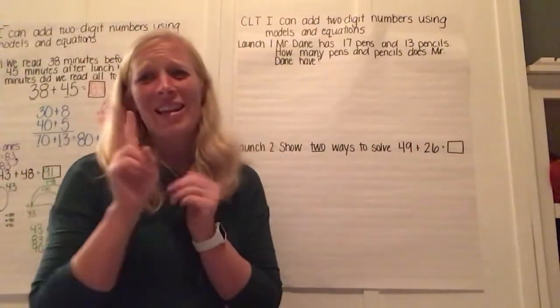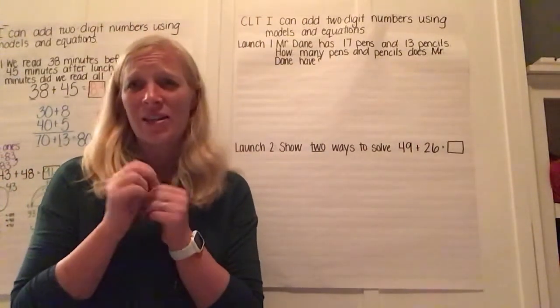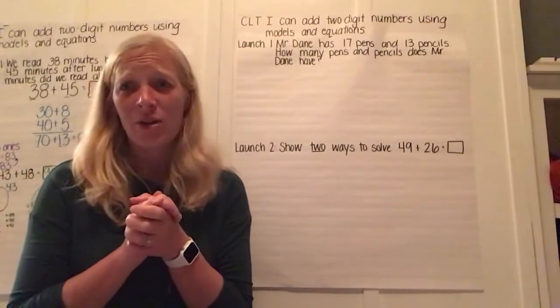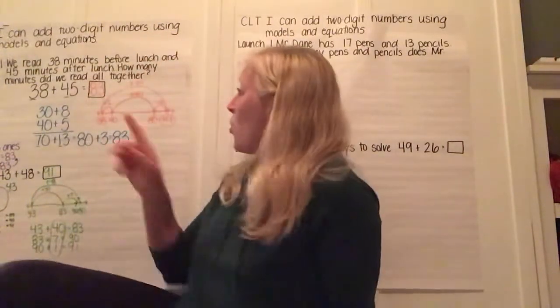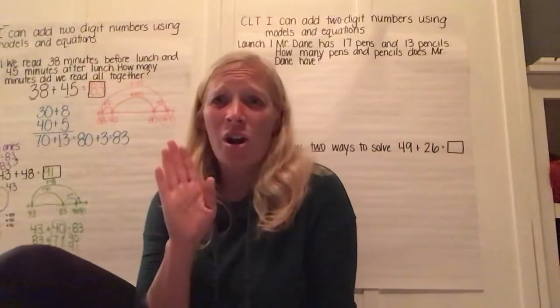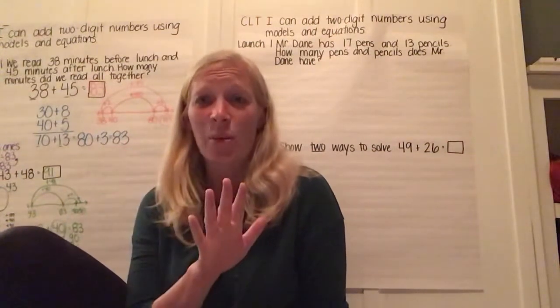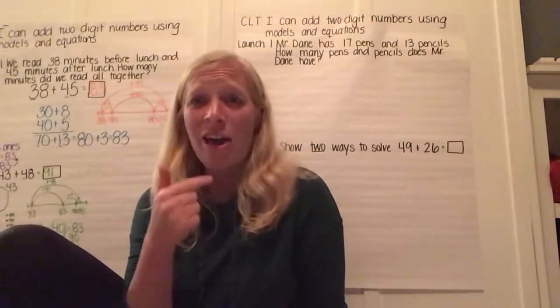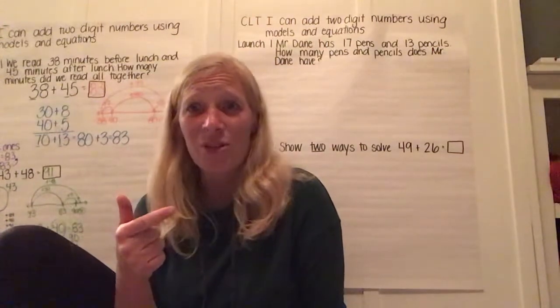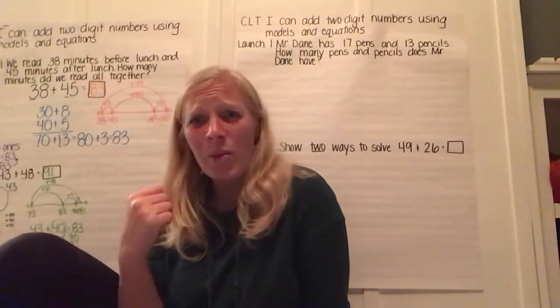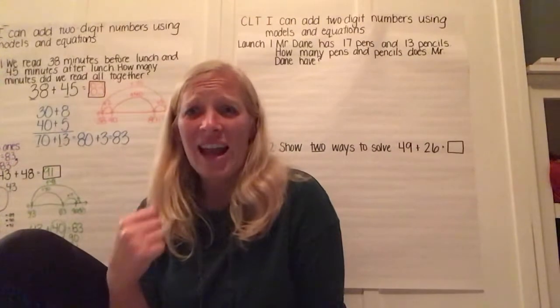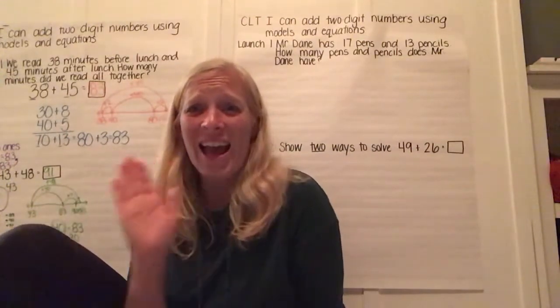Yesterday, we looked at two really different ways to solve adding these two-digit numbers. One of them was breaking up our number into tens and ones and thinking about partial sums and our base 10 blocks. The second one, we started with one number and added on to it.